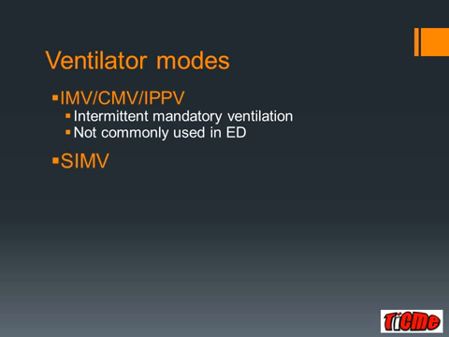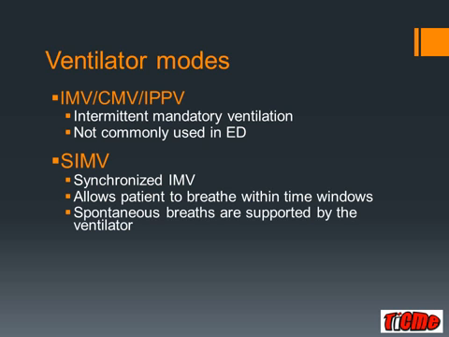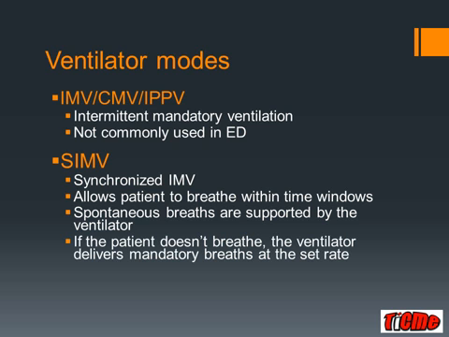This one's called SIMV, or synchronized intermittent mandatory ventilation. This mode creates time windows and allows the patient to breathe within these time windows. Spontaneous breaths are supported by the ventilator, and if the patient doesn't breathe, the ventilator will essentially perform IMV, so it will give a mandatory breath at the set rate.